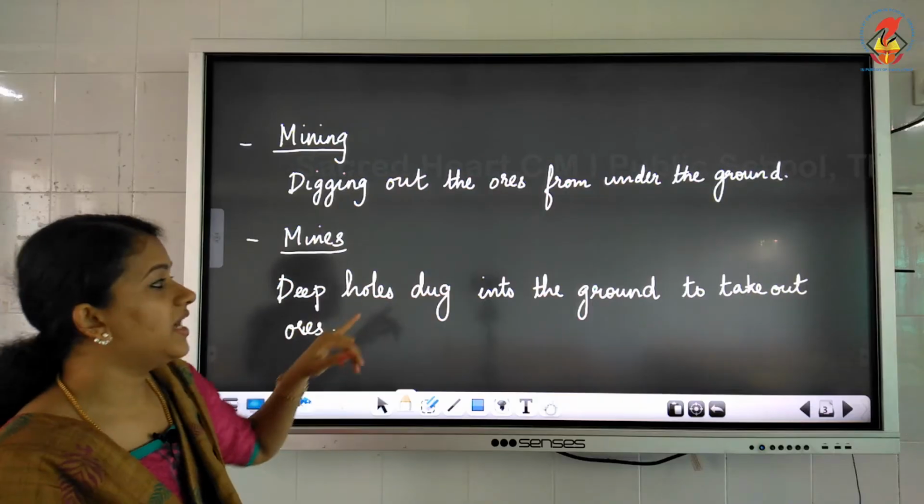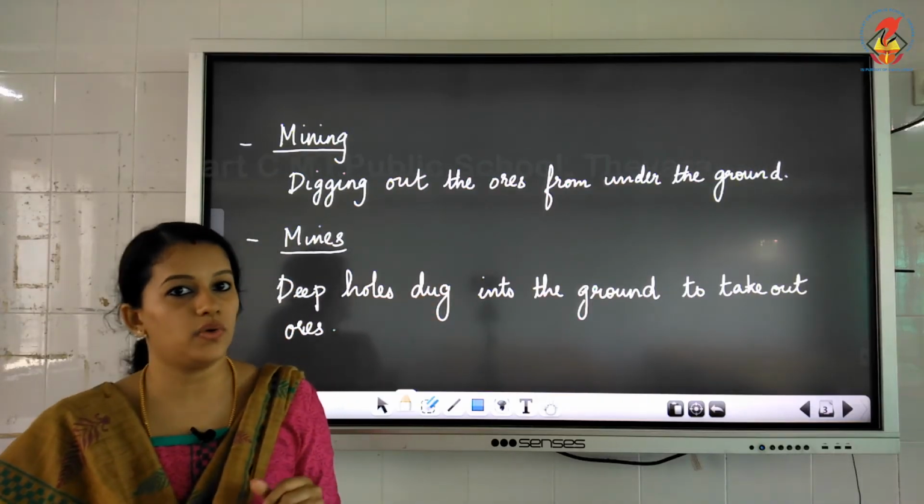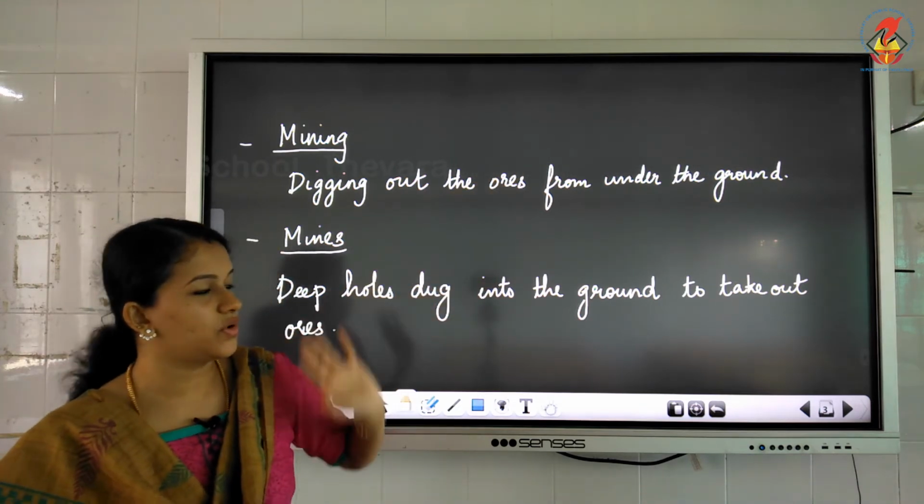So mines are deep holes dug into the ground to take out the ores, and the process of digging out the ores is known as mining.